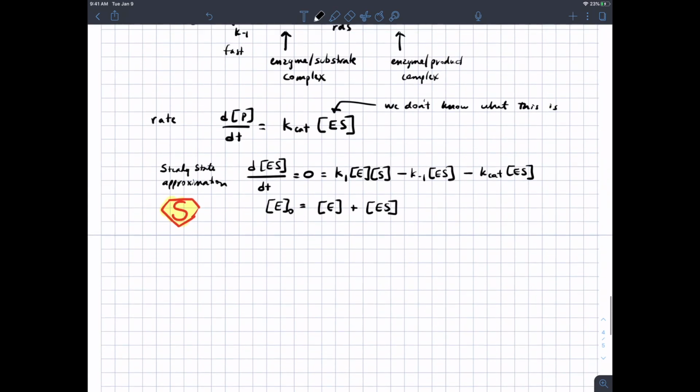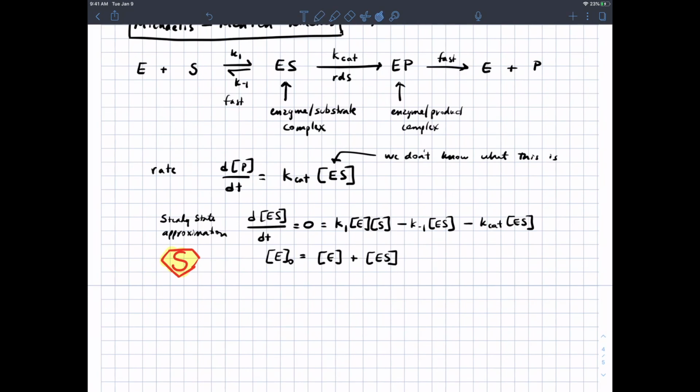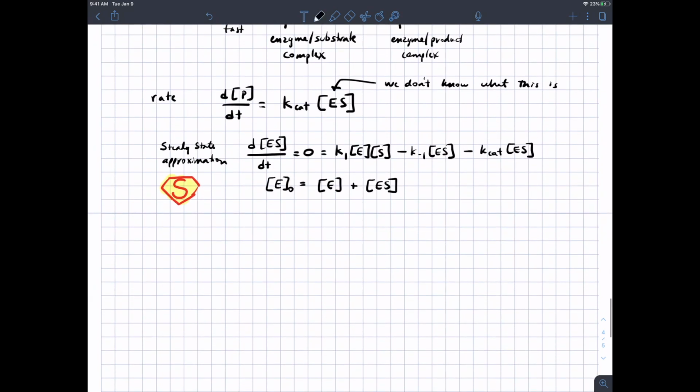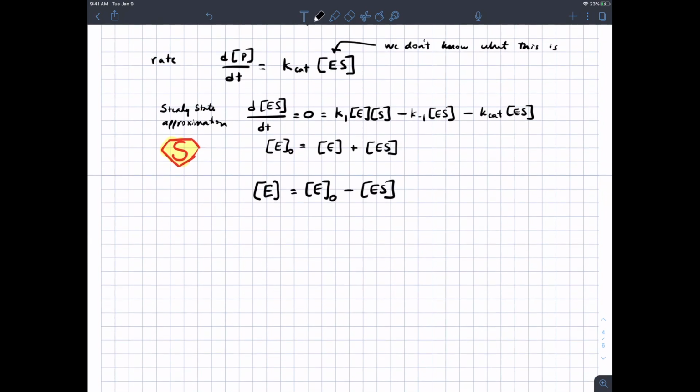I suppose for this you have to assume that the amount of enzyme product is basically 0 because this step is fast. And in many cases we'll do these experiments in the early stages of the reaction where there's not a lot of product accumulated yet. So we can actually write an expression for the concentration of enzyme that is equal to the amount of enzyme we added at the beginning minus the amount of enzyme substrate complex at any given time.